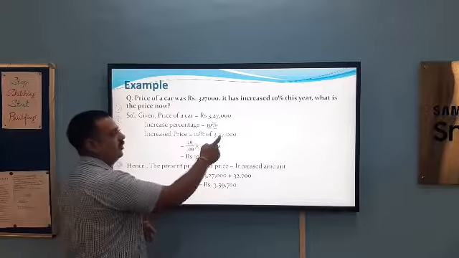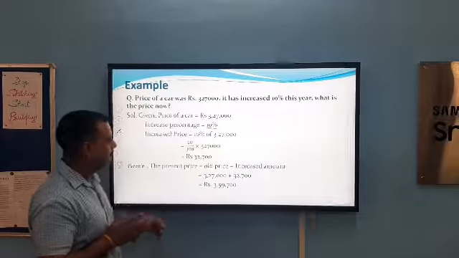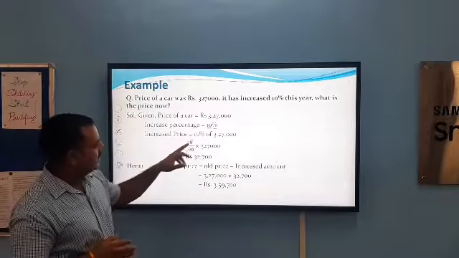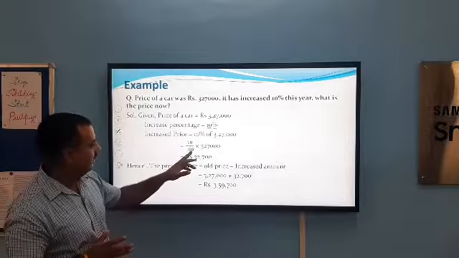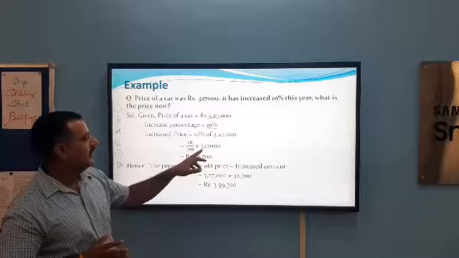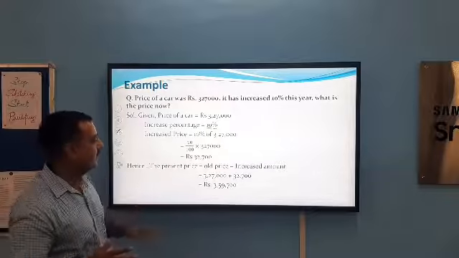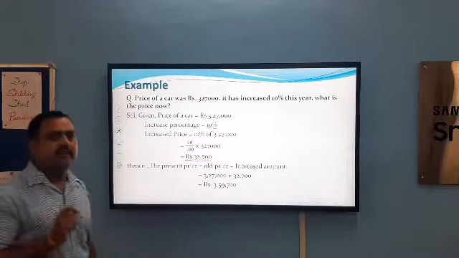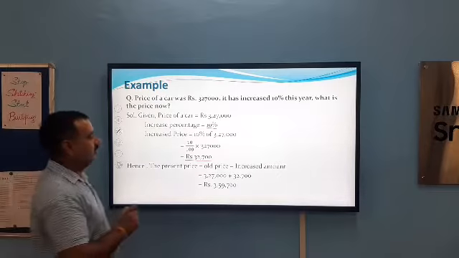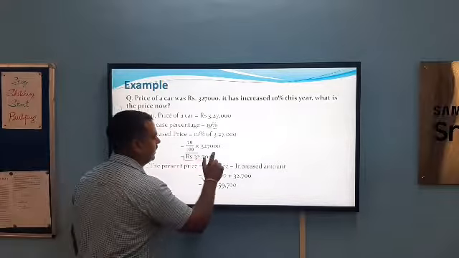So 10% of 3,27,000 is 10 upon 100, we convert the percentage to a fraction for simplification, multiplied by 3,27,000, which becomes 32,700. This amount is increased this year.